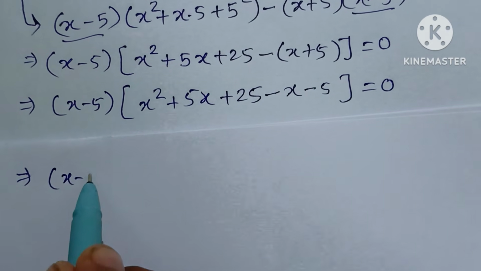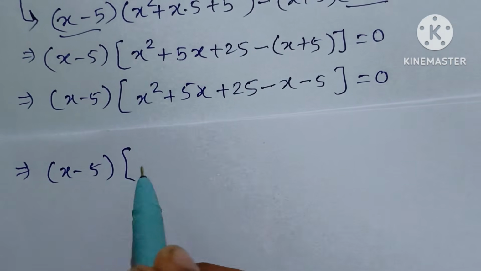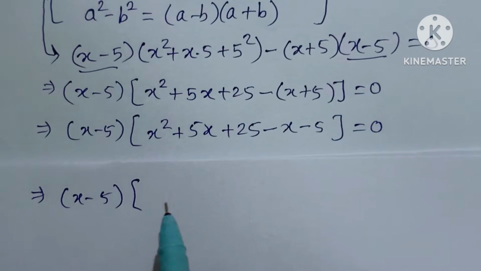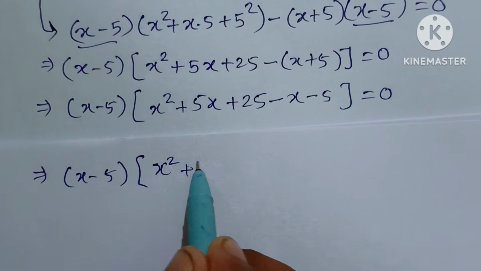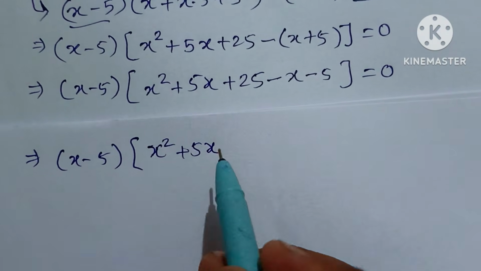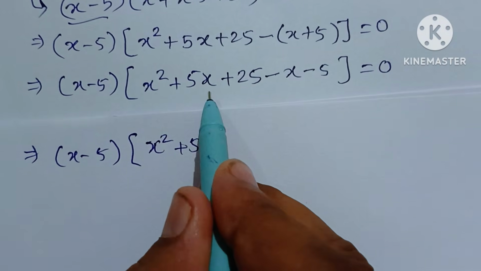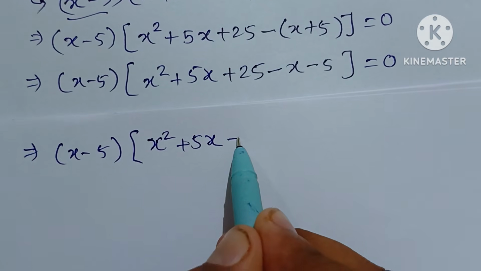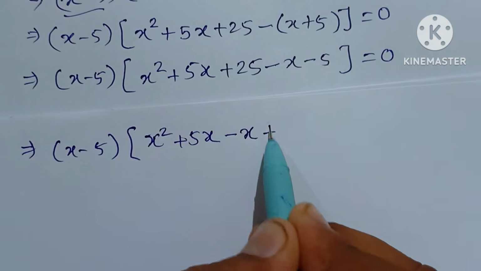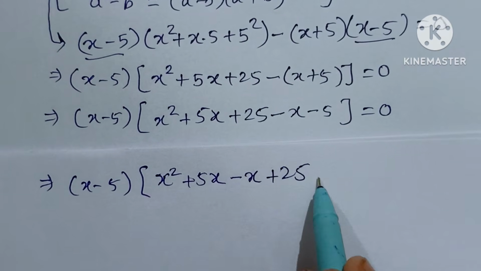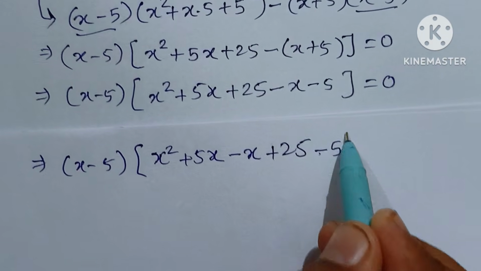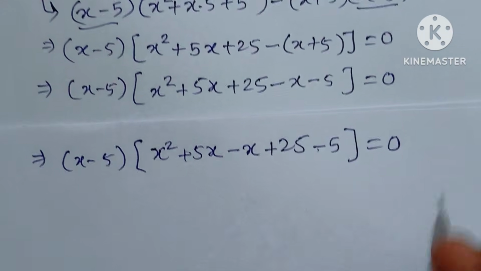x minus 5 in bracket x square plus 5x minus x plus 25 minus 5 equal to 0.